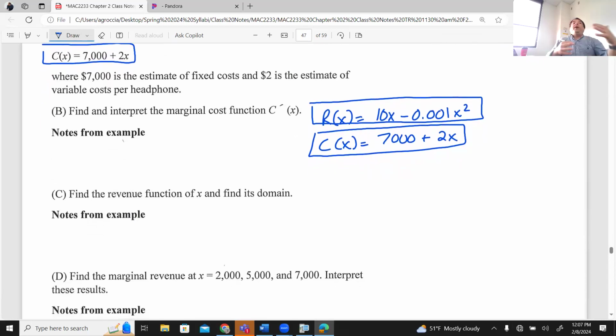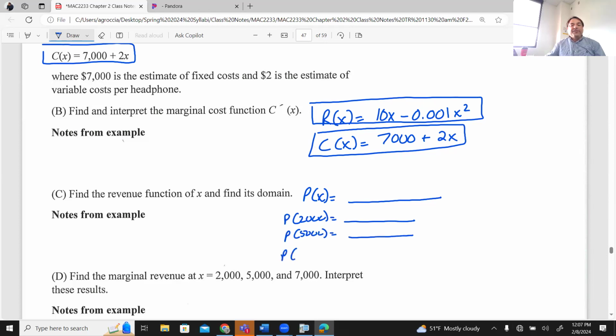So in a quick way, mostly calculator, mostly discussion, I want you to find the profit equation and plug in 2,000, 5,000, and 7,000. And I want you to find the derivative of profit.